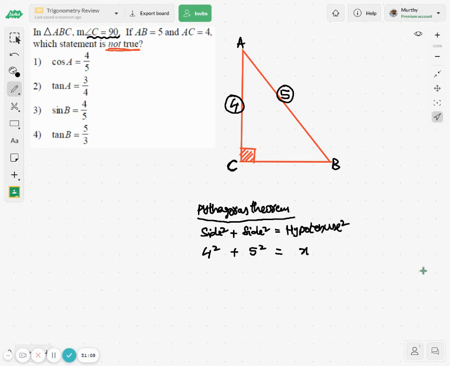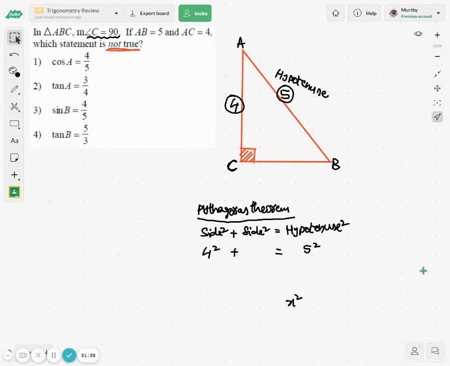Always check whether you are presenting properly or not. I see that I know what the hypotenuse is. That's the reason I always recommend you to label the diagram first. Here the hypotenuse is 5, but I have taken the hypotenuse as x square, which is not right. So let me move this, and this 5 square goes here.